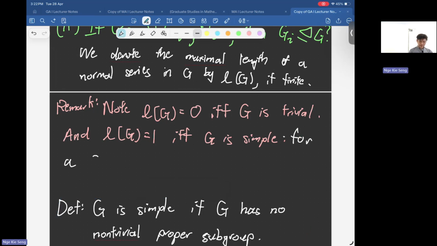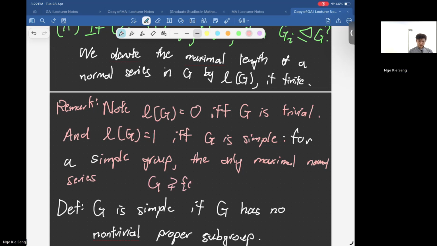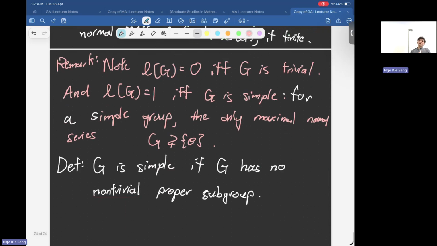Because for a simple group, the only maximal normal series is just G containing E, the trivial group.